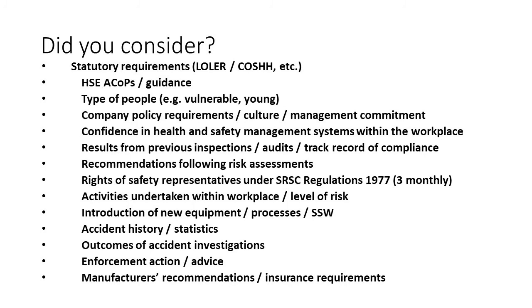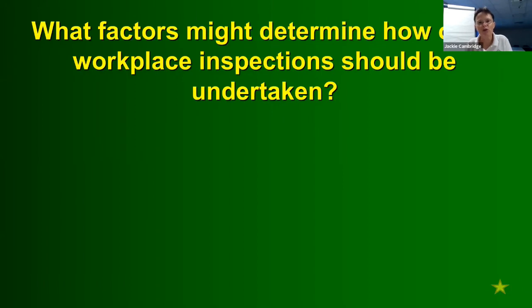The number of people: if you have lots of organisational change or lots of people moving around the site, lots of vehicles, you might increase the level of inspections. Hopefully it's not going to happen, but you might do more inspections if you've just been prosecuted or had an enforcement notice, because you'll do the inspections then to make sure that we're taking health and safety seriously.